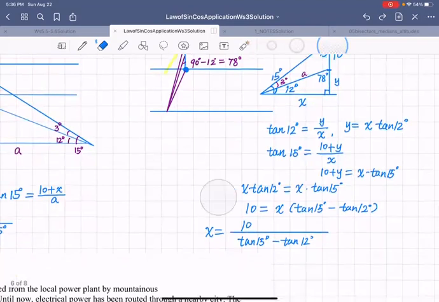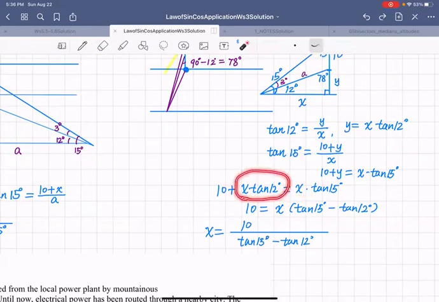Well, this is a one-variable equation. Move x times this to the other side. 10 equals x times tangent 15 minus tangent 12. So x equals this. Does this make sense now? Yes. Okay. This question is not easy, right? It's not easy.